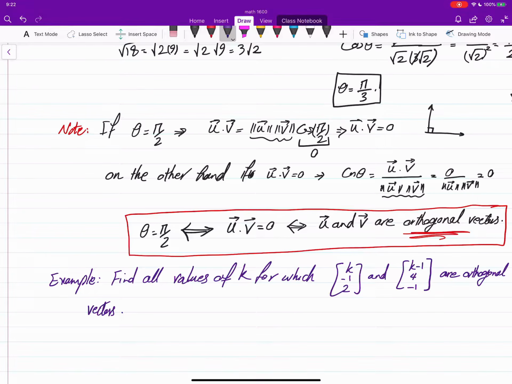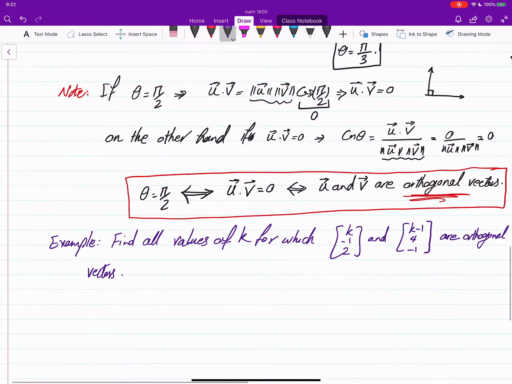Well, what you need to know is that k is some variable. Yes, for different values you will get different vectors, but for some k's, apparently the question asks for those k's, these two vectors are orthogonal. Well, we have to find those ones.